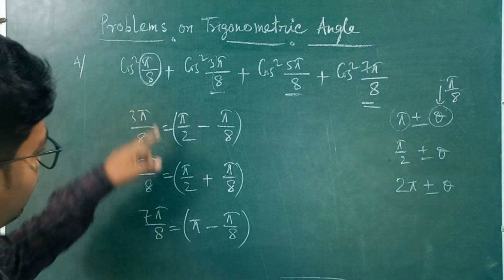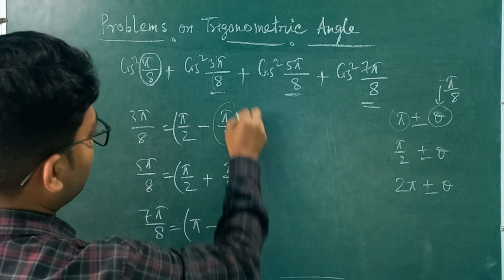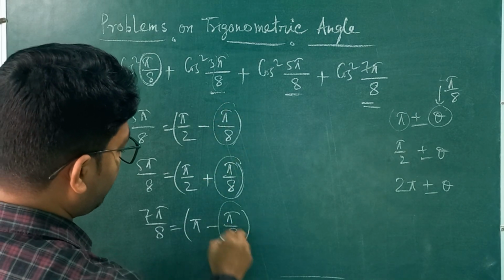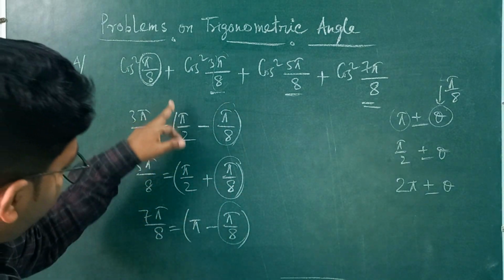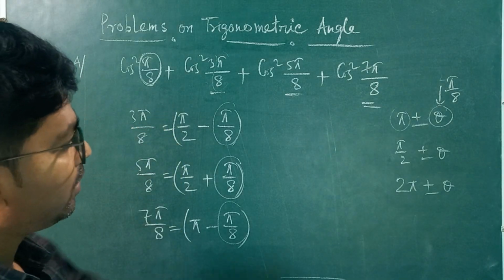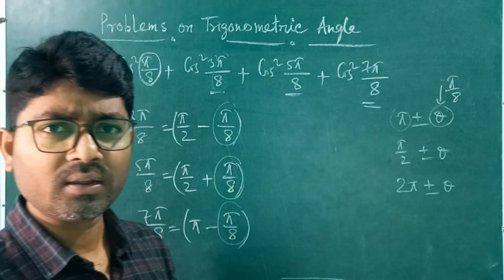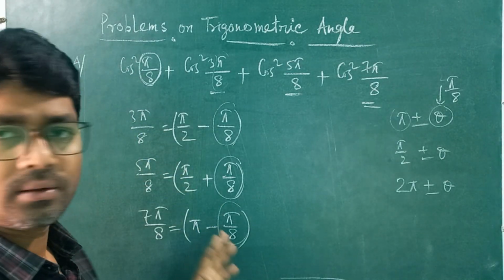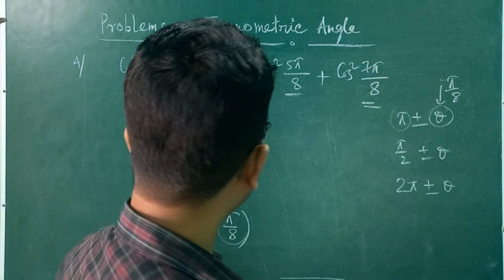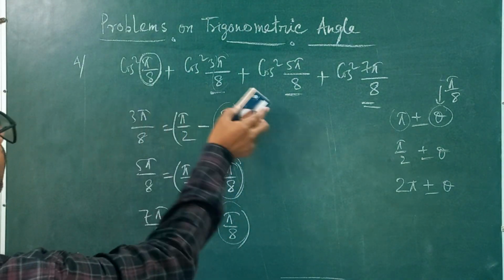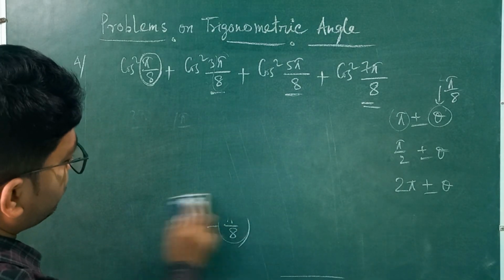That is, we have to break the angle in pi by 8 form. In the first you will take either pi by 2 or pi or 2 pi and check plus minus, and obviously you will get some forms. So what will be our problem?